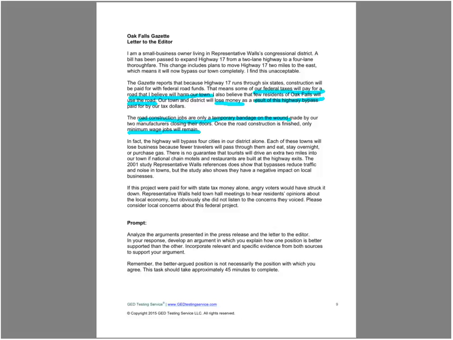The highway is going to bypass 4 cities in their district alone. And a good point here in the way the letter to the editor has been written, there's more explanation of why that bypass would be detrimental, and it may mean that they lose business because there's not as many people passing through.